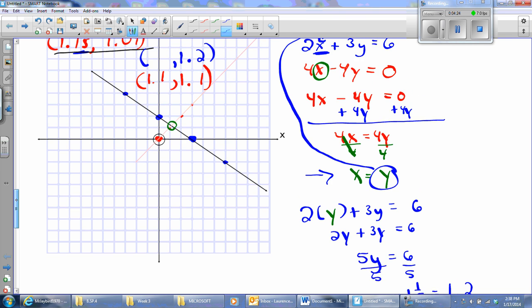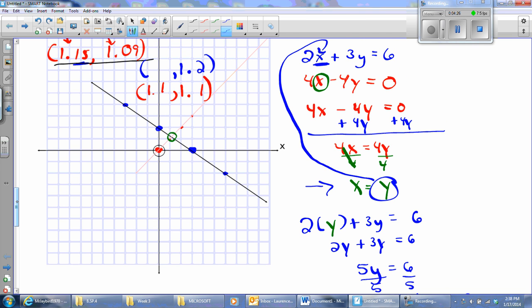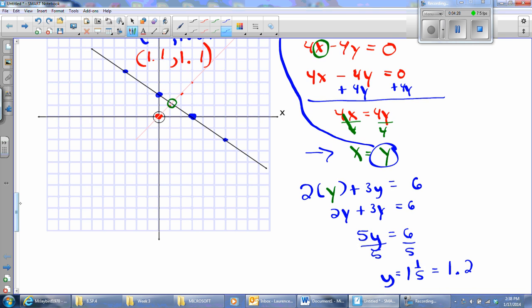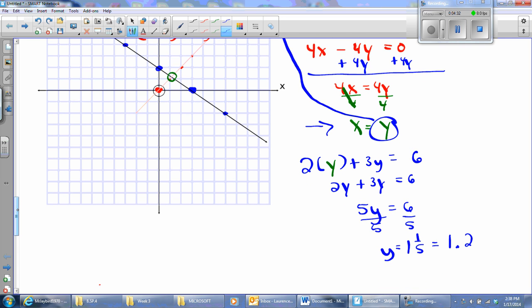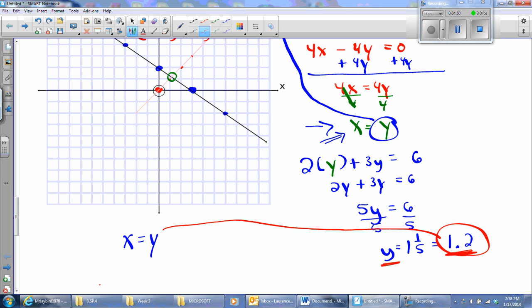Now you might be wondering how I do x. Well, x is simple. I don't have to go back and do it all again. I'm going to take the equation where x is alone, namely right here, x equals y. And since I know that y is 1 and 2/10, I'm going to put it in y's place, namely right here.